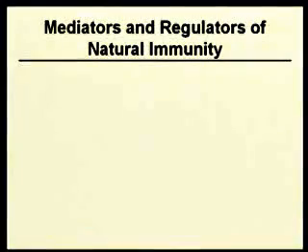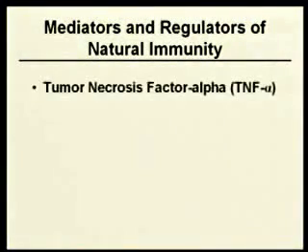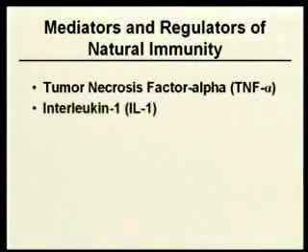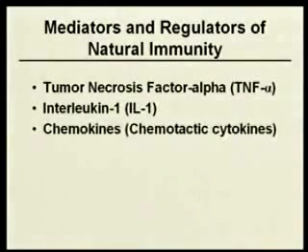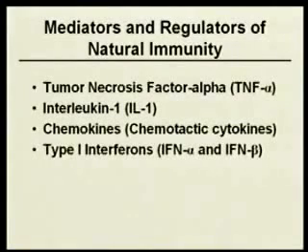So an important point is that some of these cytokines can act to activate or to regulate both types of immune responses. I'm just going to list here basically the ones we're going to talk about, and then in subsequent slides we'll actually talk a little bit about the details.